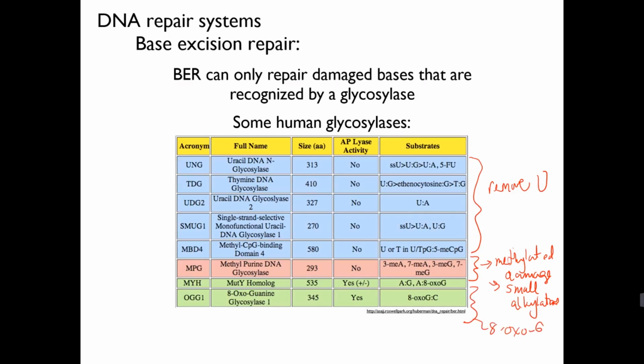And so the pathway removes some very important forms of DNA damage, but it's by no means a universal pathway. It tends to be restricted to small modifications of bases, so things like deamination, methylation, oxidation. Okay, so key thing here is restricted to small modifications of bases.